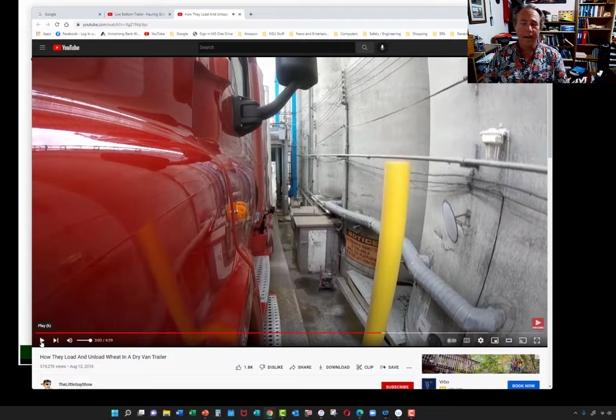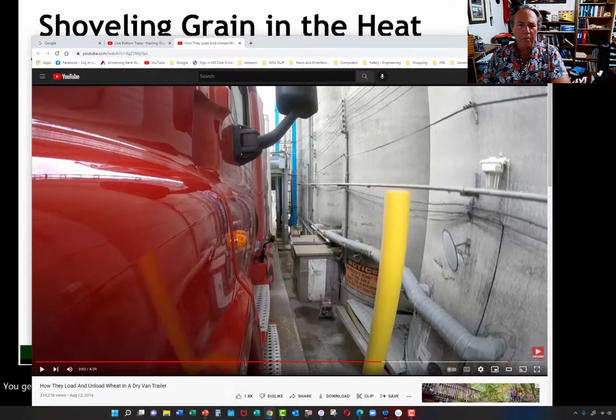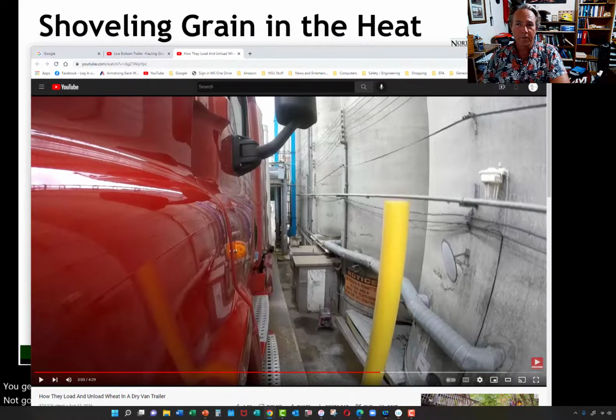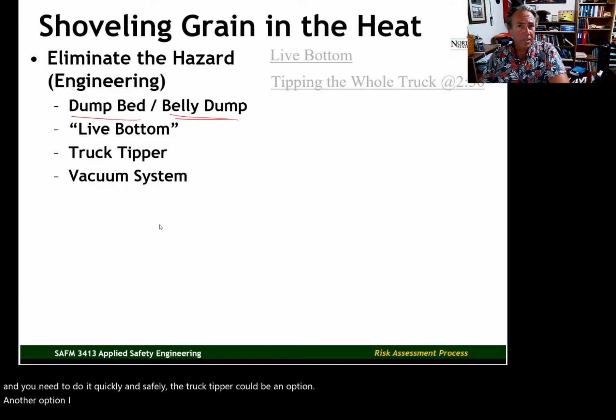You get the idea. And I don't think anybody stumbled onto this engineering control either, but it's another good one. It's not going to be appropriate for every facility where grain needs to be unloaded, but if a lot of trucks are being unloaded and you need to do it quickly and safely, the truck tipper could be an option. Another option, I don't have any videos of this, but a vacuum system.